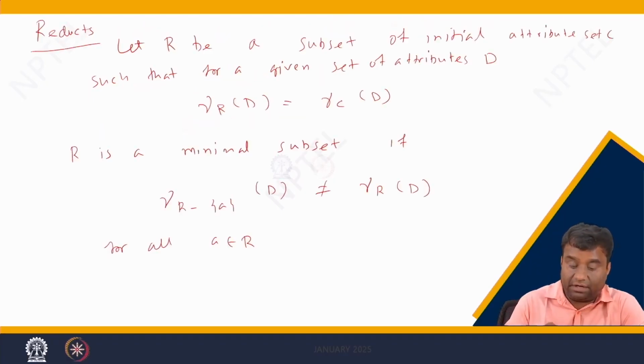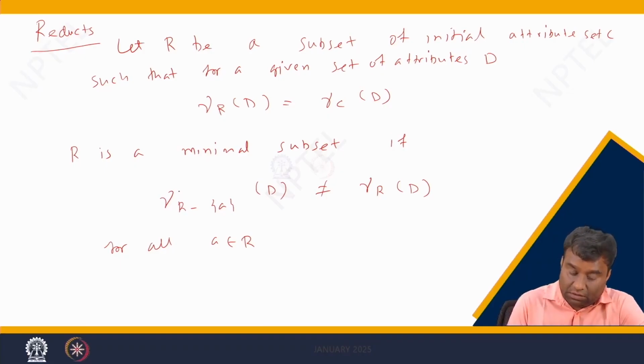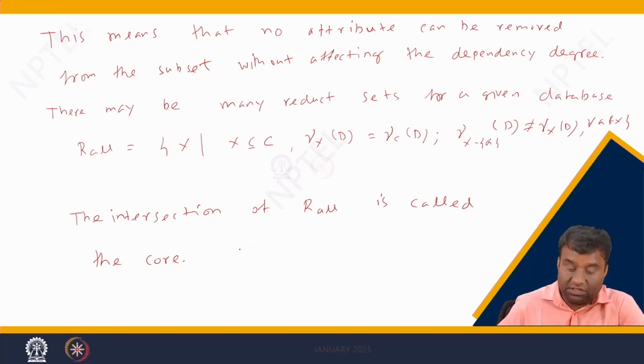Now the reduct. Let R be a subset of the initial attribute set C such that for a given set of attributes D, the value of gamma RD is equal to gamma CD. R is a minimal subset if gamma (R minus A) D is not equal to gamma RD for all A belonging to R. This means that no attribute can be removed from the subset without affecting the dependency degree.